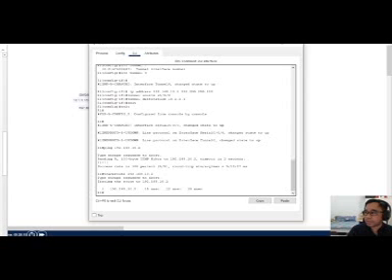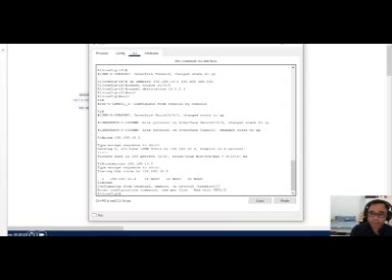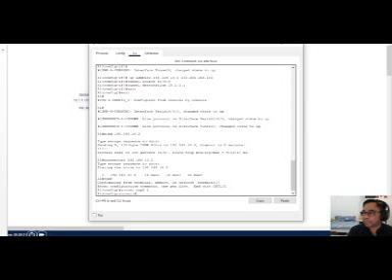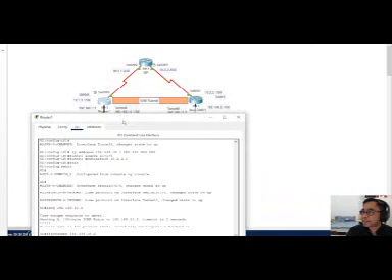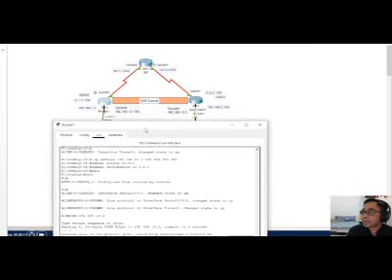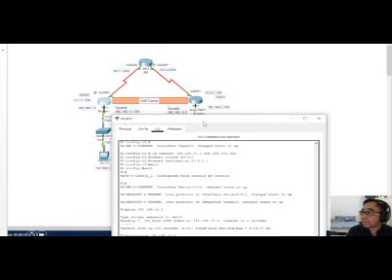So let's go to config. Okay, so router OSPF 1. Router OSPF 1. Okay. So we need to configure the network. Network 10... what's this? Network 192.168.10.